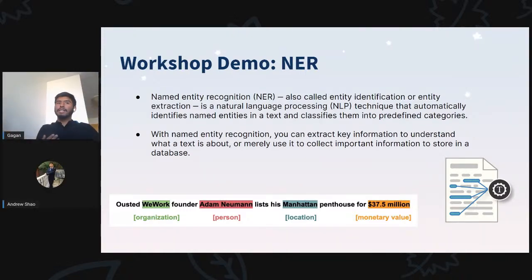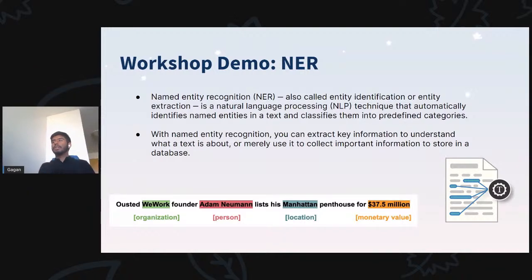NER, also called entity identification or entity extraction, is an NLP technique that can automatically identify named entities in a text and classify them into predefined categories. Here, we have a sentence: "Ousted WeWork founder Adam Neumann lists his Manhattan penthouse for 37.5 million."